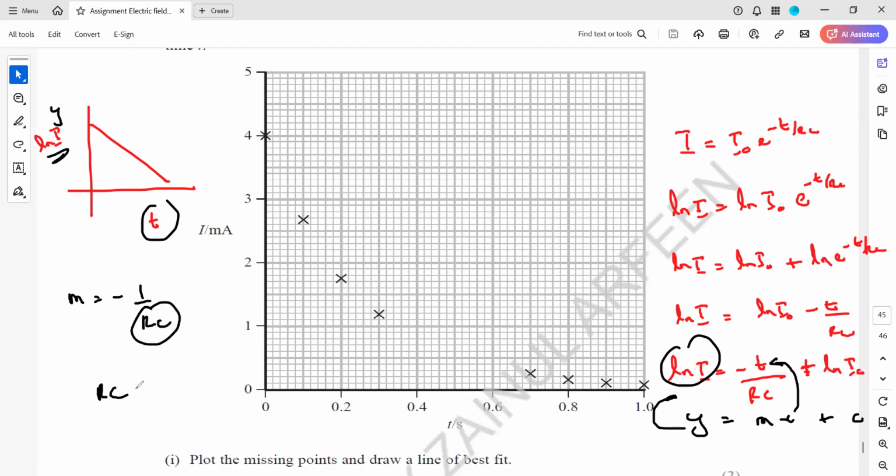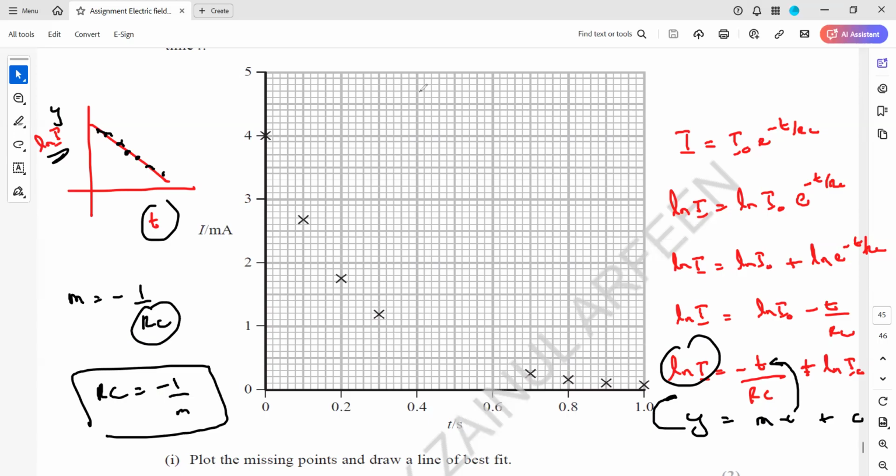So to get RC, it will be the reciprocal of the gradient. So it will be much easier. Instead of plotting a graph between I and t, we plot ln I and t, because it will be a straight line. So we can recognize the anomalous results, the points which do not lie in the range. And when we work out the gradient of that graph, we directly know the time constant.